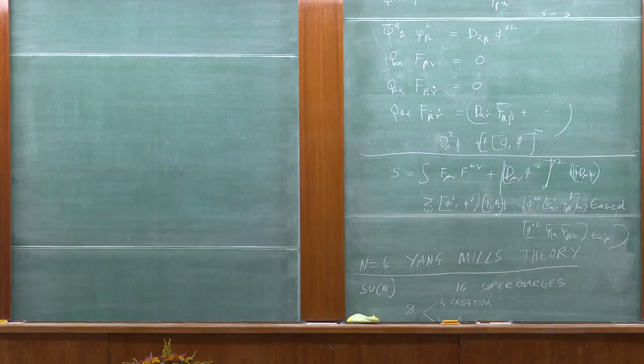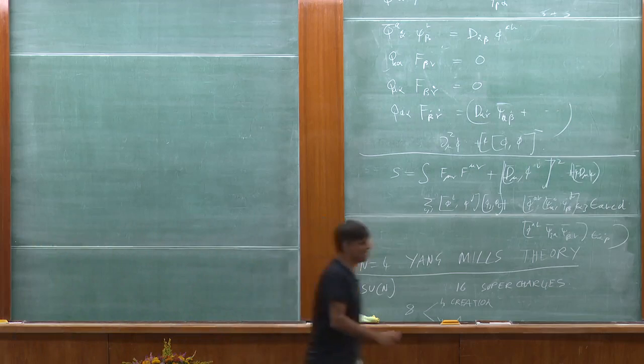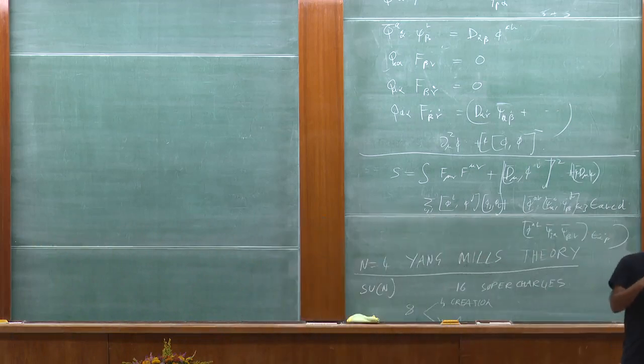What do we want to know about it? Now, there is a remarkable structural property about this theory, which is that this theory enjoys invariance under S duality. Okay, so let me write down exactly what tau is.